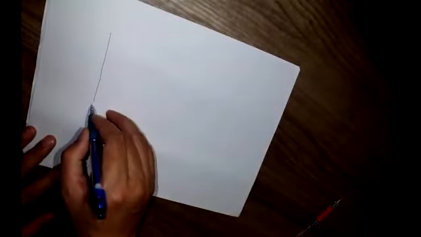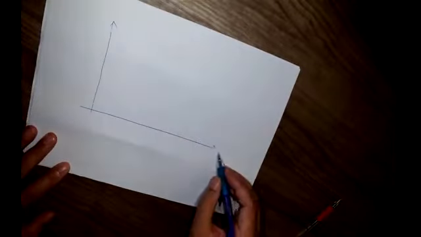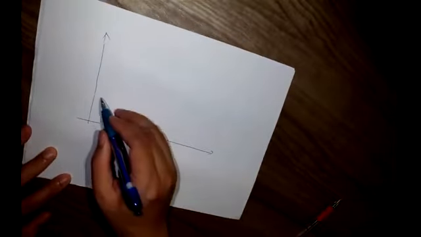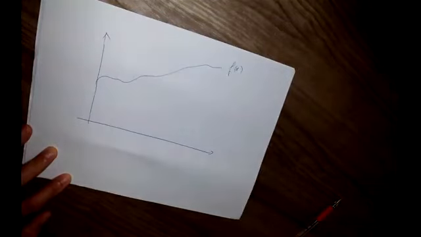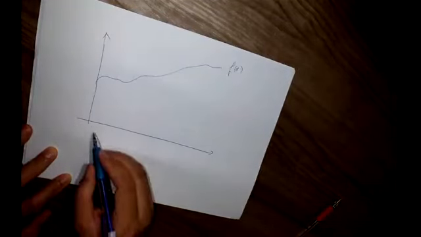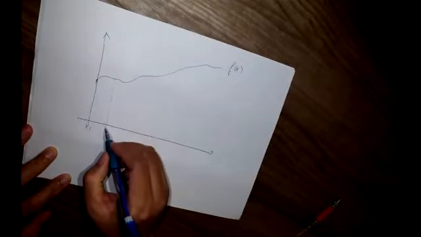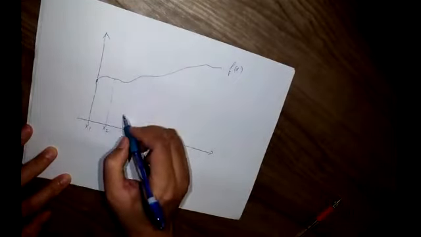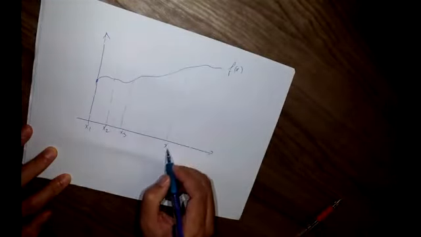Now let me make the pictures bigger. So this one is my function again. Now you have m points: x1, x2, x3, and so on up to xm.